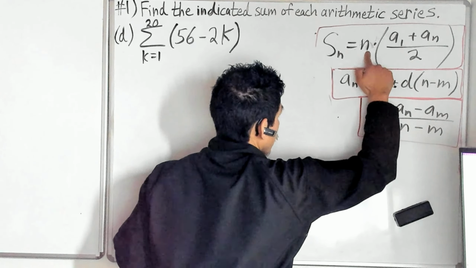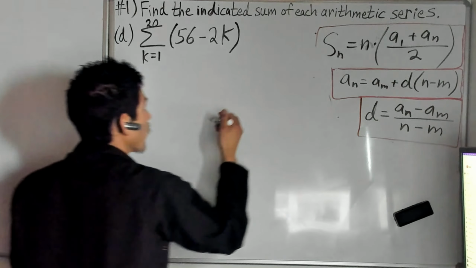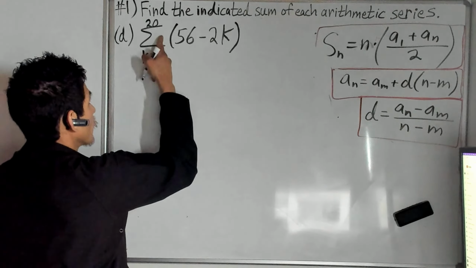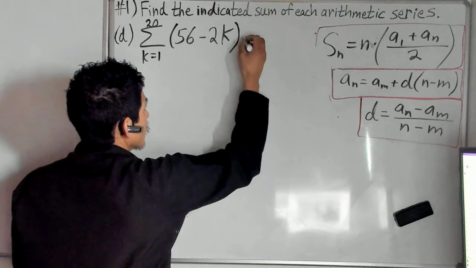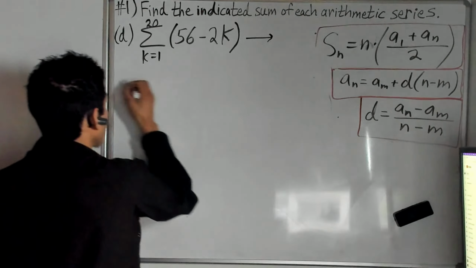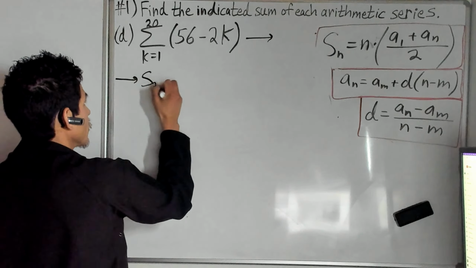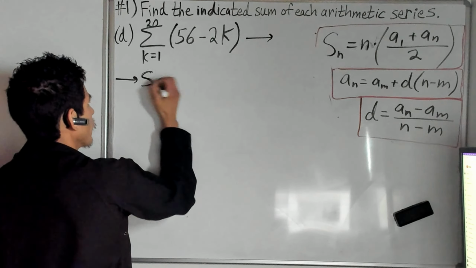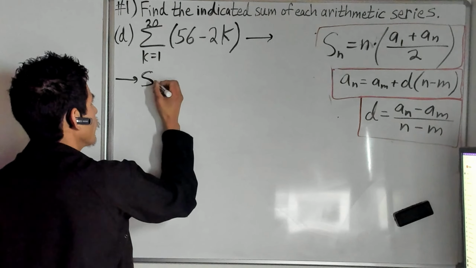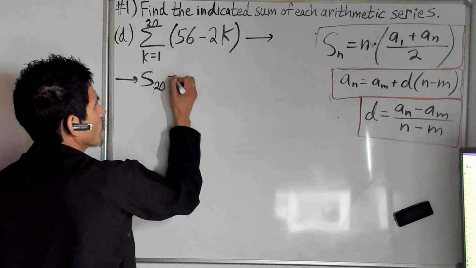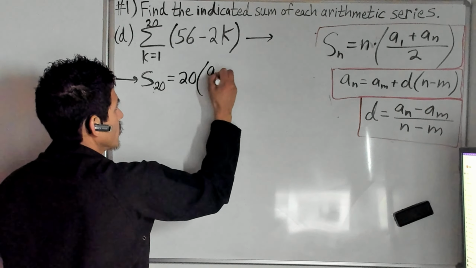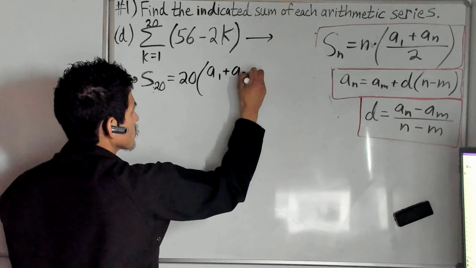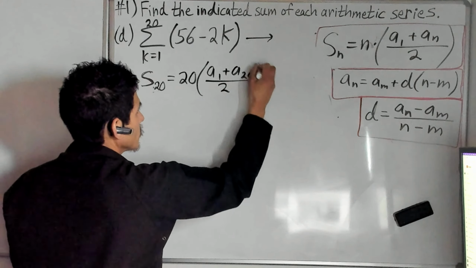Then multiply it by 20, divide by 2. So in other words, this is the same as S20, which will be 20 times A1 plus A20 over 2.